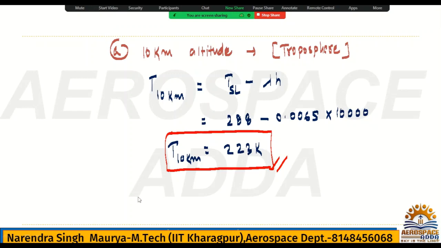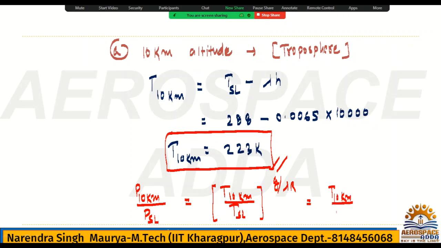If you remember, pressure at 10 kilometer divided by pressure at sea level equals temperature at 10 kilometer divided by temperature at sea level to the power g by lambda R. We had calculated this g by lambda R and got 5.25, if I am not wrong, you can check. g is 9.8 divided by 0.0065 times 287, giving 5.25, correct.